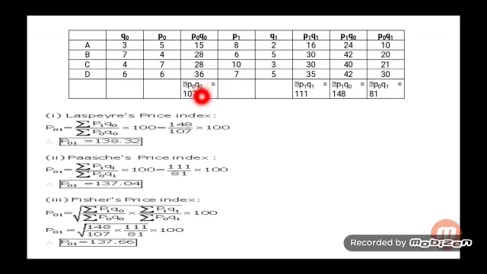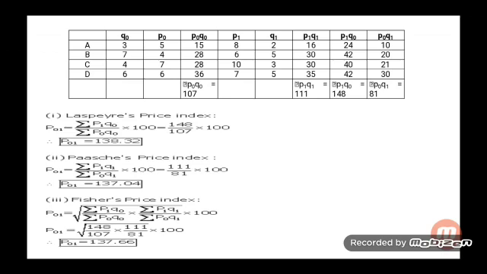First is P0Q0, next is P1Q1, and after that P1Q0 and then P0Q1. Because I told you the formulas related to Laspeyres, Paasche's and Fisher's need P0Q0, P1Q1, P1Q0 and P0Q1.